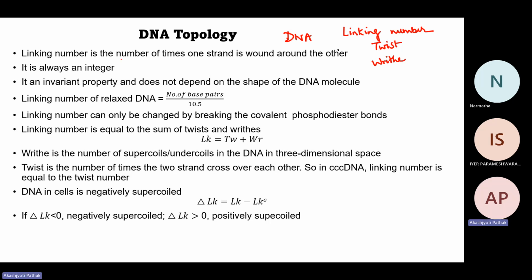So linking number is the number of times one strand is wound around the other. As we just learned, DNA is double stranded, it has two polynucleotide strands, right?